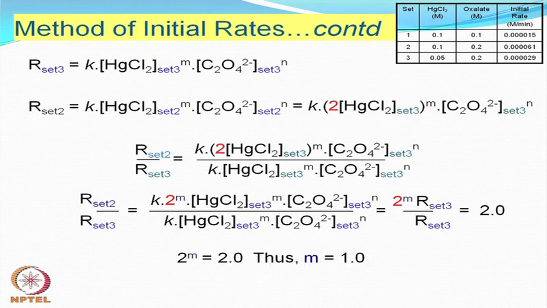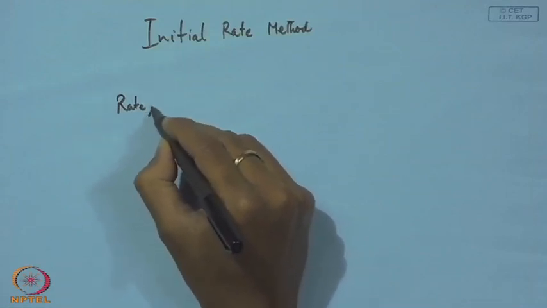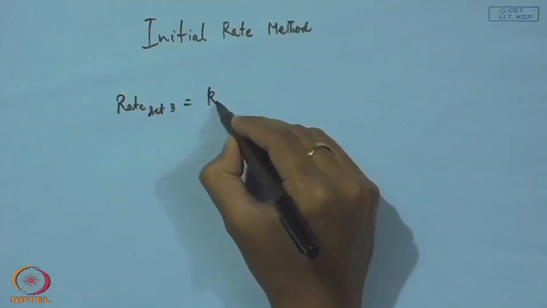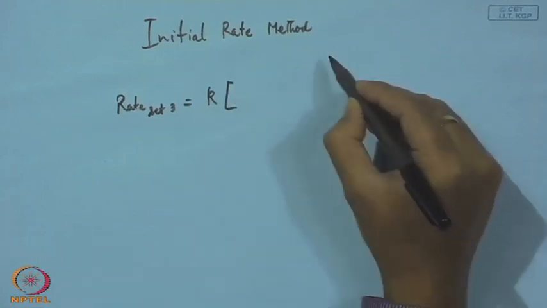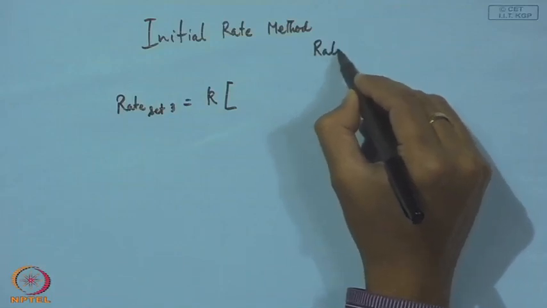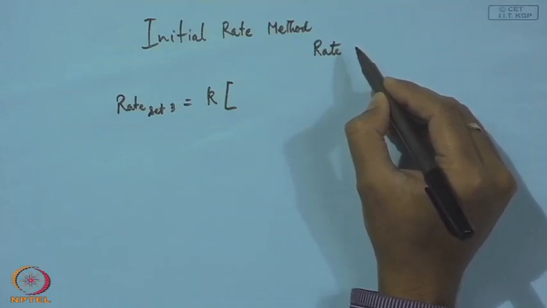Okay. So, again we use this expression, rate for set 3 is equal to rate constant. Basically, for this reaction we do not know exactly the rate with respect to mercuric chloride and the rate with respect to oxalate.